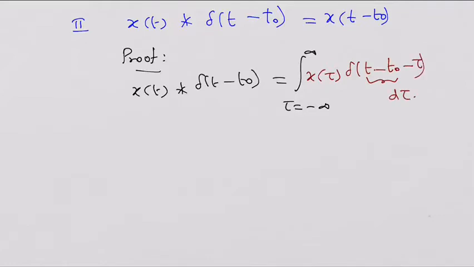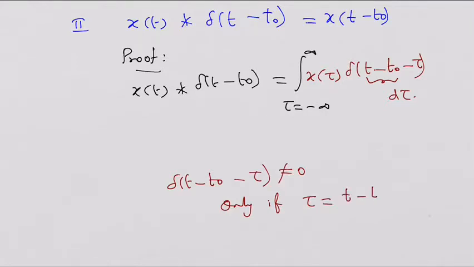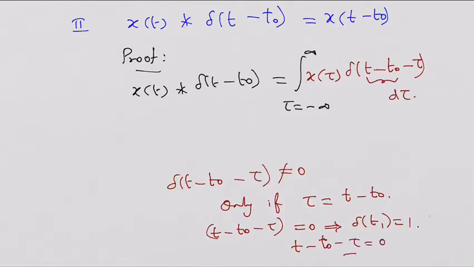As you all know, del of t minus t naught minus tau will not be equal to 0 only if tau is equal to t minus t naught. How do you say that? Because t minus t naught minus tau should be equal to 0, then only del will be equal to 1, isn't it? So by just equating t minus t naught minus tau equal to 0, you notice that tau will be equal to simply t minus t naught.